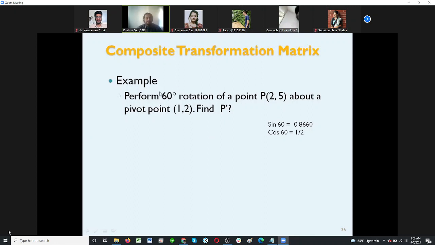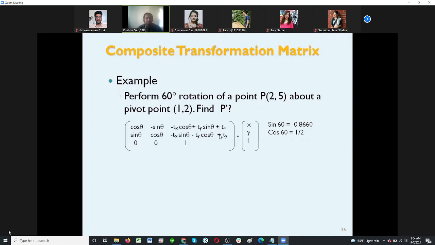It should be a positive rotation by default, unless it says negative rotation or a minus value. The point is given as x and y, and the pivot point is 1 and 2. Now can anyone tell me what should be the value for tx and ty?